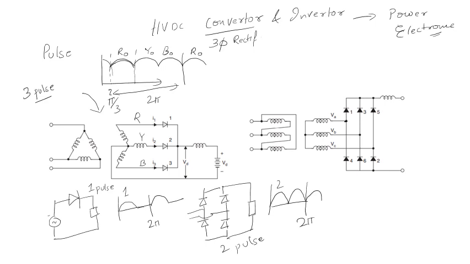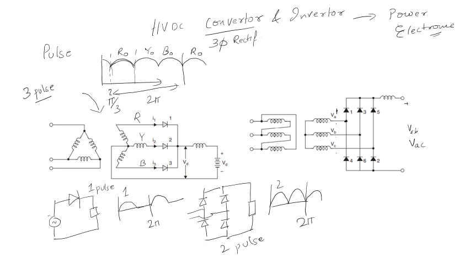Now here if you see, your output was actually your line to line voltage. So this is A, this is B, this is C. When your 1 and 6 conduct, you are getting VAB as the output. Similarly, when your 1 and 2 conduct, you are getting VAC.